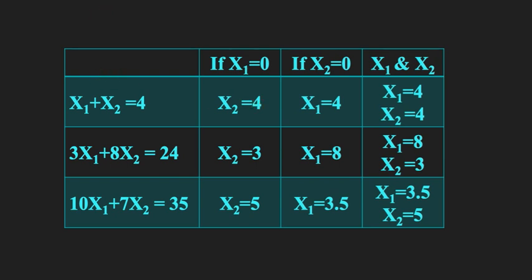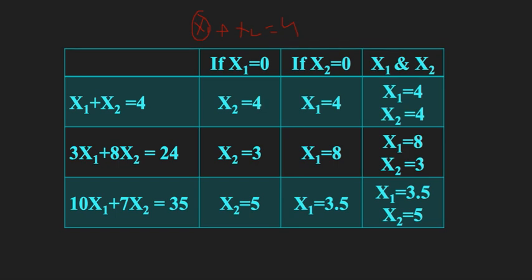Now see in this equation x1 plus x2, here we have if x1 is equal to 0, because the equation is x1 plus x2 is equal to 4, right? Now in this equation if we put x1 is equal to 0, then x2 is equal to 4, right?